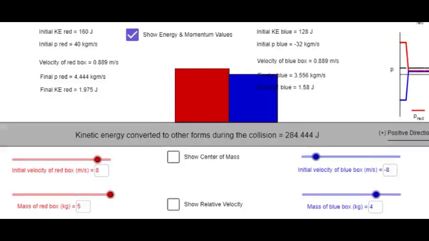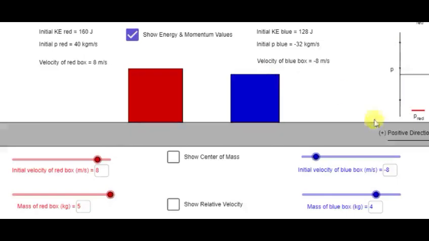But this was for the case where the bodies were moving in opposite directions. Let's examine what happens when these bodies are moving in the same direction. Let me make blue have a velocity of 3, and the mass remains the same. I leave red with its velocity and the same mass. Now when I make this positive, I'm forcing it to move in that direction also.